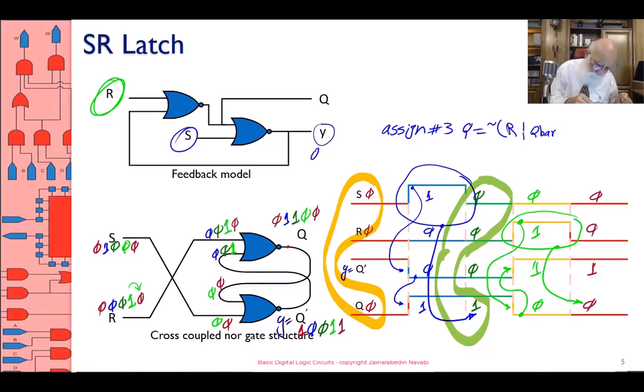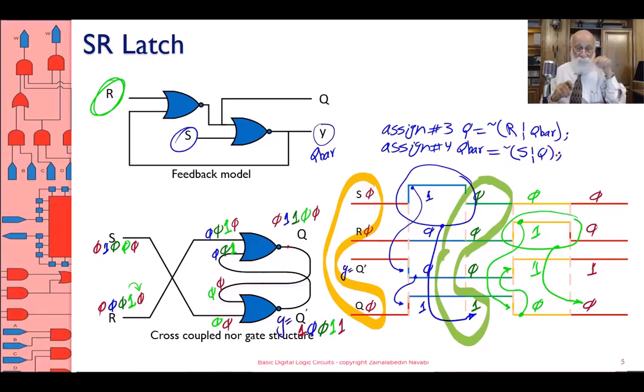I'm calling this one Q bar. And then I have another assign statement. Assign, let's give that 4 nanoseconds, Q bar equal NOR of S, Q. That works.